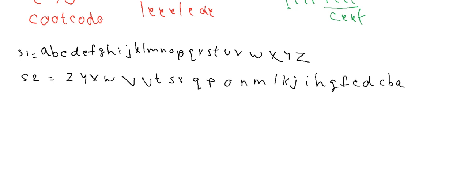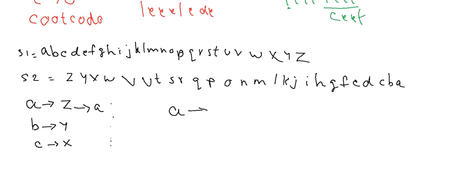So let's see. So here we'll transform this A to Z. Then we're gonna transform B to Y, C to X, and so on. And Z again we are going to transform to A. So this is like a cycle.